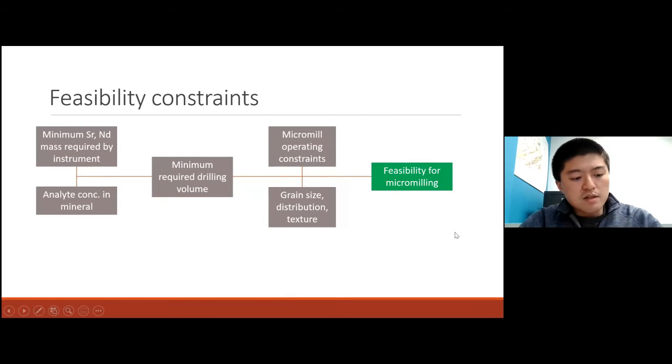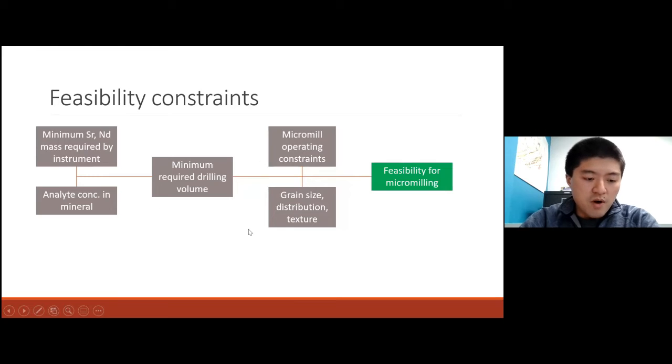So to assess if micromill sampling can be applied to shergottites for rubidium-strontium and samarium-neodymium geochronology, the following factors are listed.